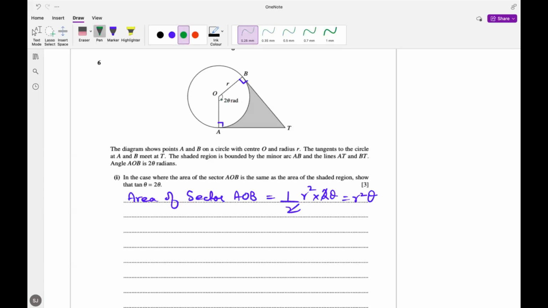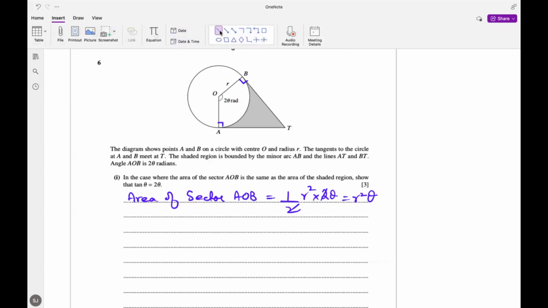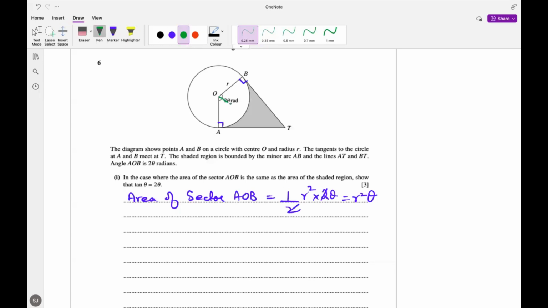For the area of the shaded region, in the first step, we will divide this into 2 triangles. We'll find the area of the triangle and then subtract the area of this sector, which is half of the total sector, and then we'll equate the area of the shaded region and the area of the sector. So to find the area of a triangle, we apply the formula half base into height.